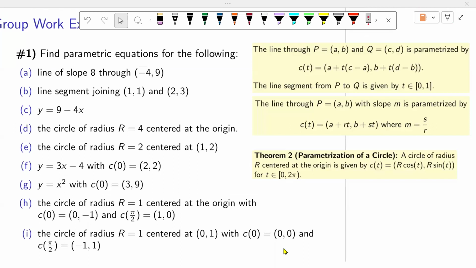There we go. So now I have up on the screen the equations and things along with the problems.